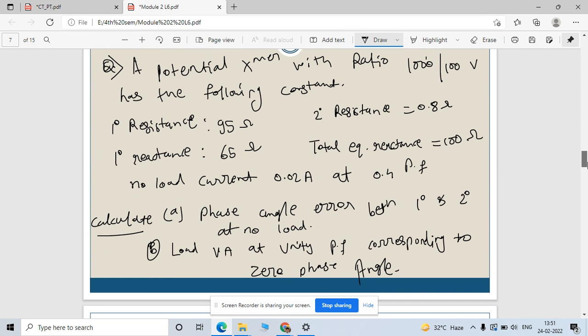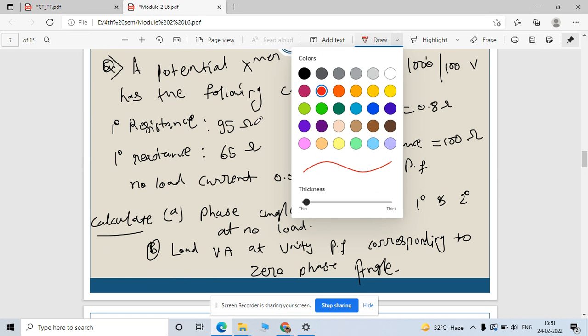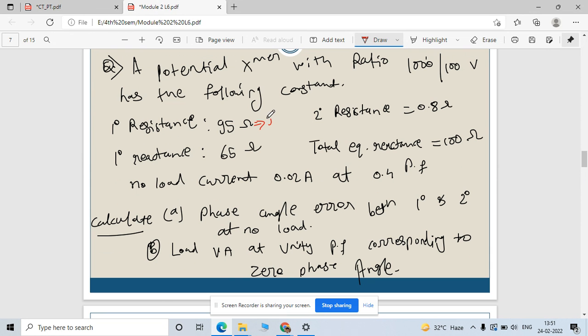What data is given here? This Rp is provided, which is nothing but your primary resistance, 95 ohms, and Xp is given to you, the primary reactance, in small xp, which is 65 ohm, and secondary resistance, which is your Rs, 0.8 ohm, and total equivalent reactance, that is capital Xp.